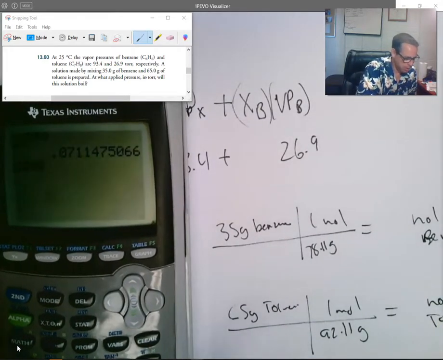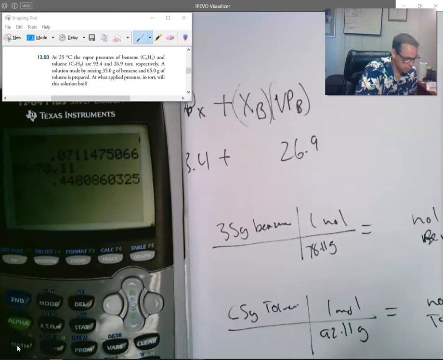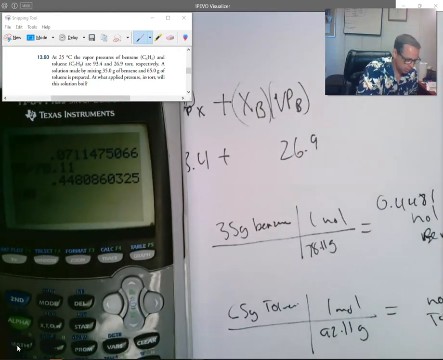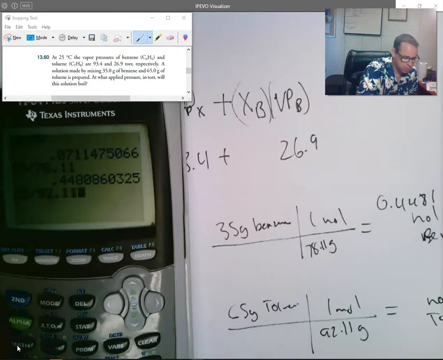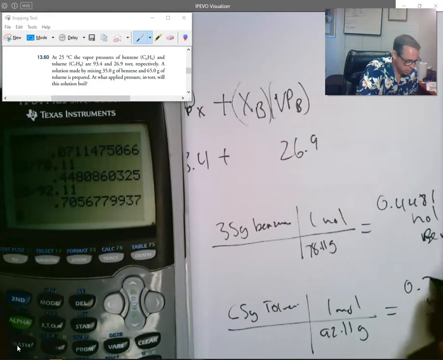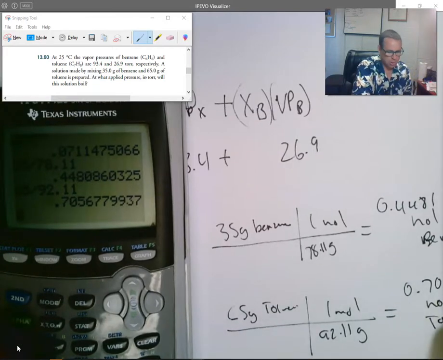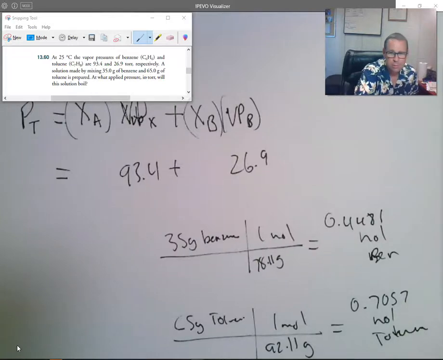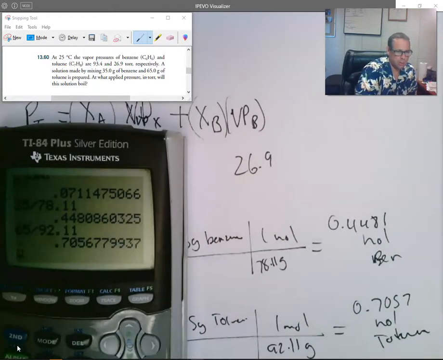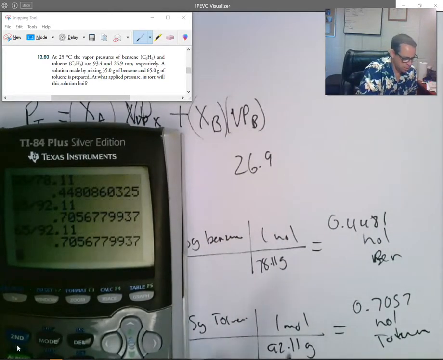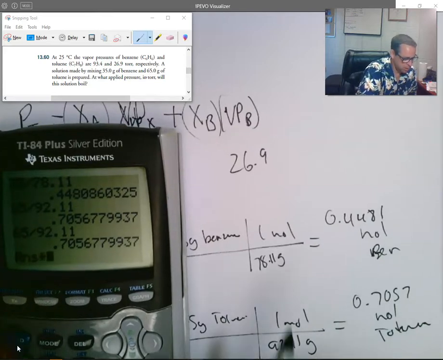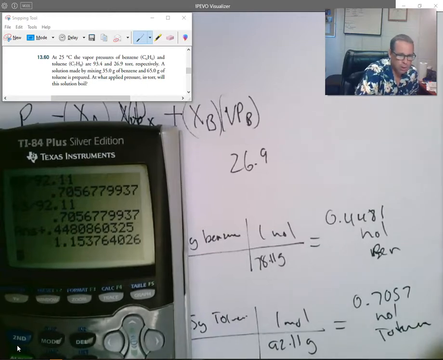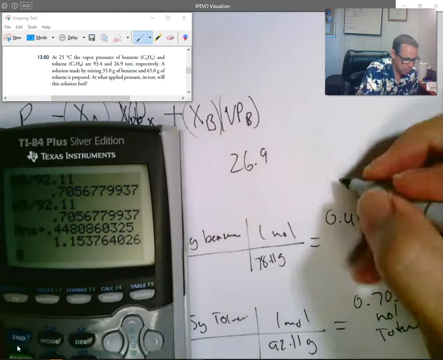So 35 divided by 78.11, 0.4481, 65 divided by 92.11, 0.7057 moles of toluene. Okay, so total moles, that plus that, 1.1537, adding these together.